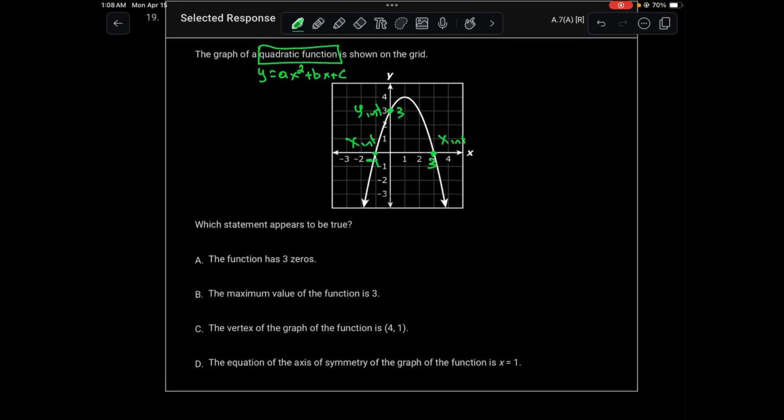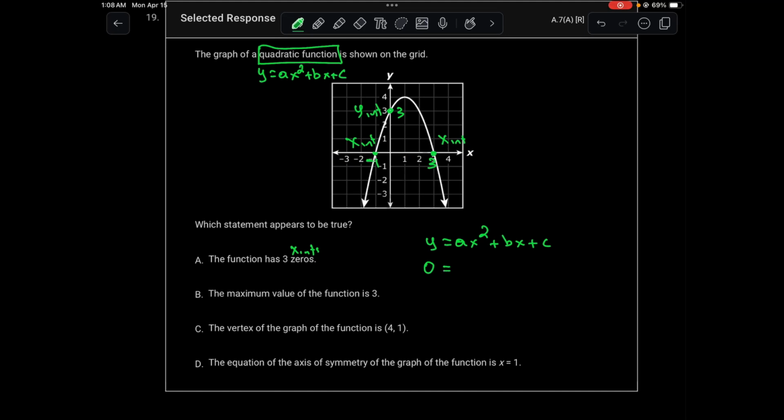Okay. Which statement appears to be true? The best is just to read each statement and see what we think. The function has 3 zeros. Zeros means x-intercepts. Why is that? Because you have the standard form or any form of the quadratic or any function. To find the x-intercept, you need to look on the ground.